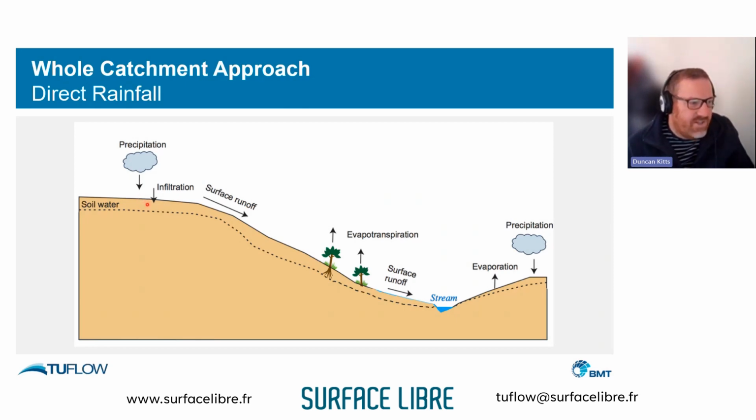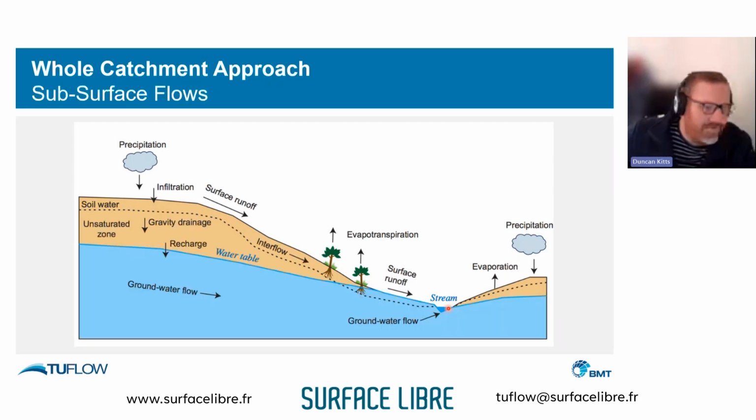Everything that doesn't get infiltrated becomes surface runoff, and then that flows off. We can have some evapotranspiration if we wanted to, represented as a negative rainfall boundary, essentially, and then that surface runoff enters our streams. That's what we're representing when we do direct rainfall modeling. That is what all the other software packages that do 2D direct rainfall modeling will represent.